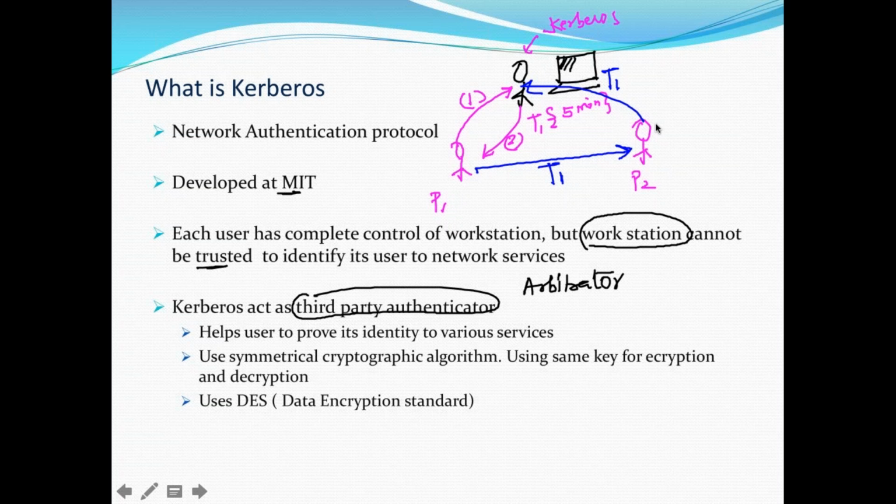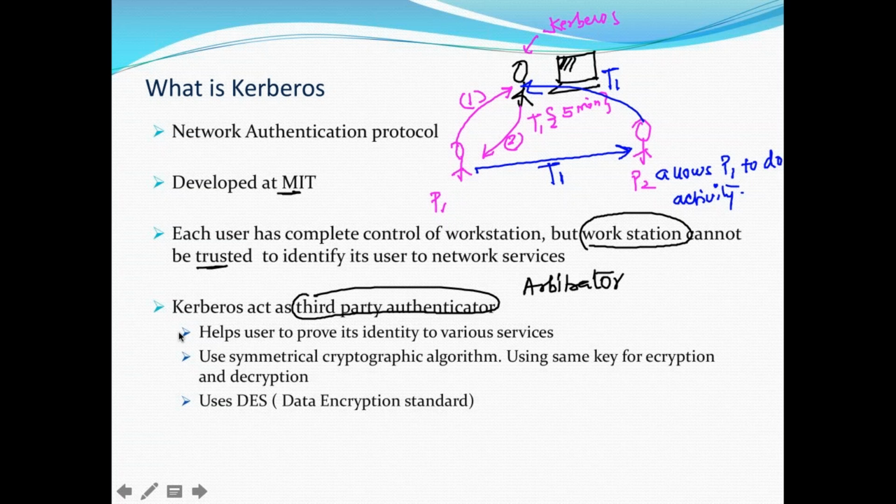Once P2 gets confirmation that token T1 is from a valid candidate and he is authorized, P2 allows P1 to do whatever activity it intended to do. That's how, at a high level, Kerberos works.